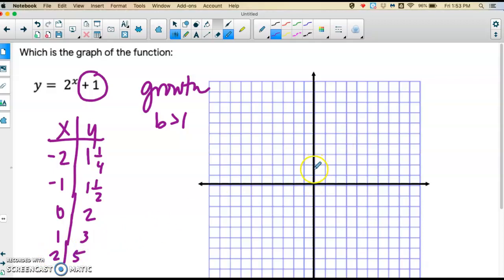I think on the Google form it went by 2s for that. Okay, so here, and then 1 is 3, and then 2 is 5. 1, 2, 3, 4, 5. There you go. And then we get smaller here. So your graph should look like that. That's your exponential growth. Okay.